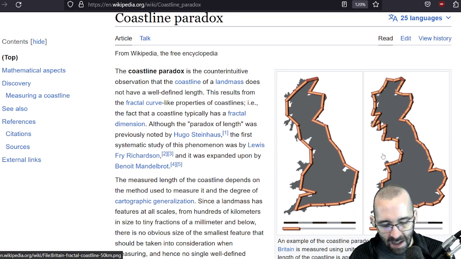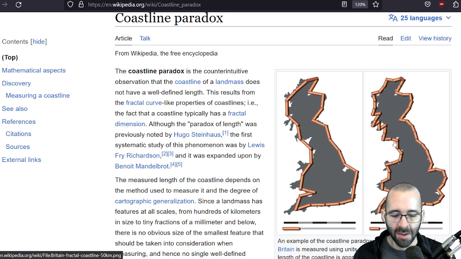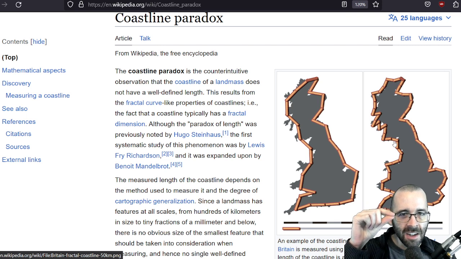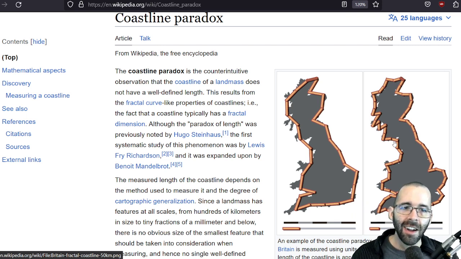And so it turns out that depending on how you measure the coast, are you measuring it in meters, or with centimeters? The shorter the unit of measurement, the longer the coastline is going to be. So if you actually go to an infinitesimal scale, coastlines are infinitely long.